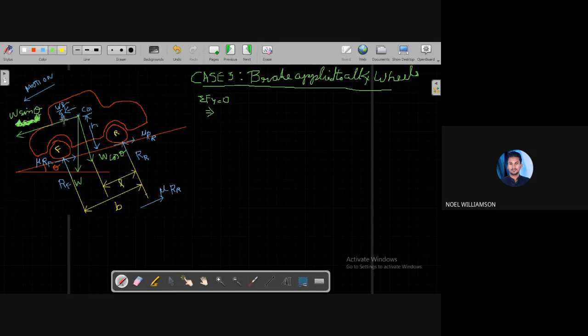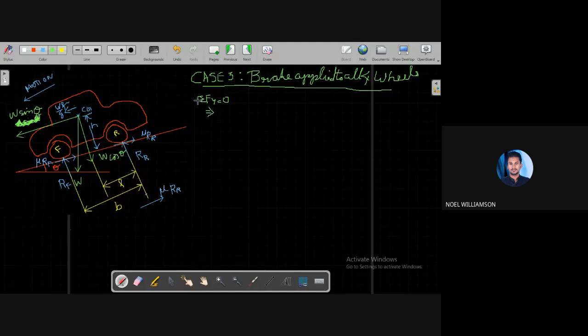Then the inertia force Ma, that is W by g into f, where f is the deceleration or retardation. This particular point is the center of gravity, which is at a height small h from the surface. Now the reaction forces Rr and Rf, and frictional forces mu Rf and mu Rr. So these are the forces, and these forces are in equilibrium.